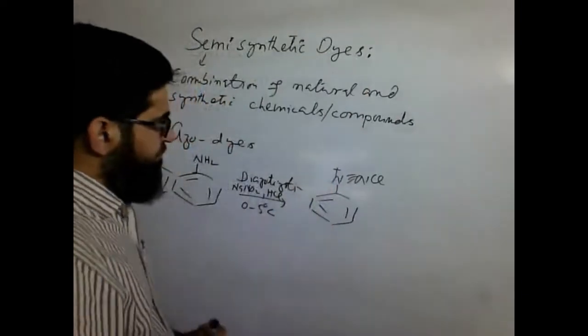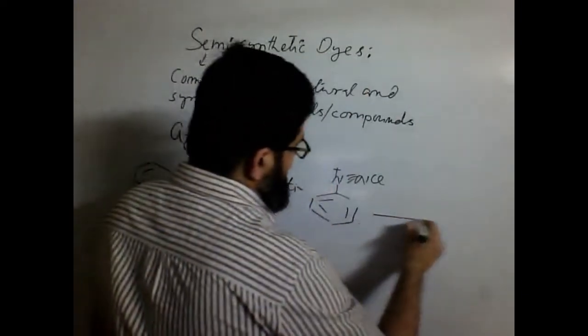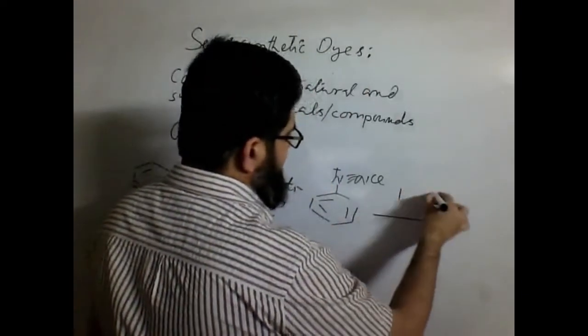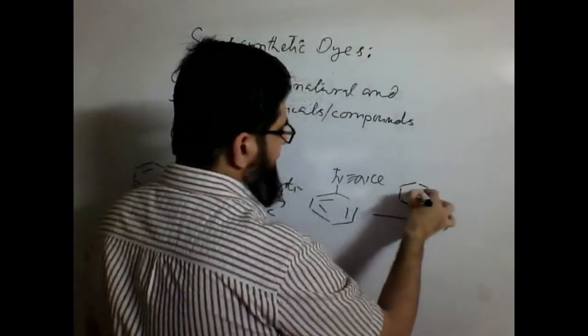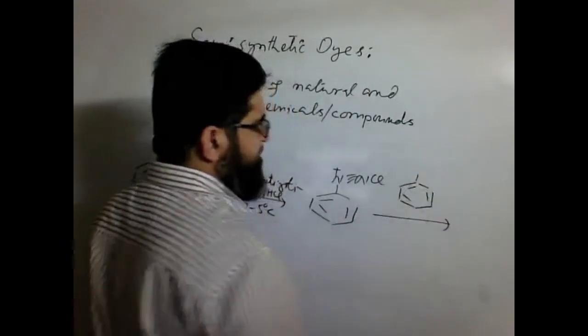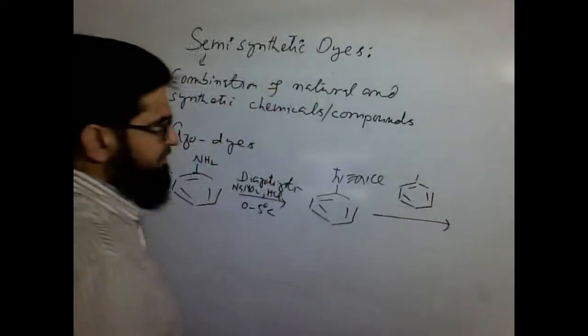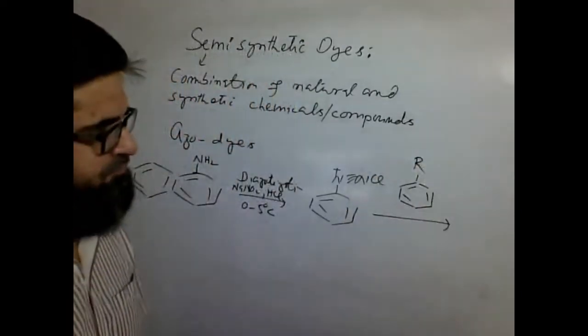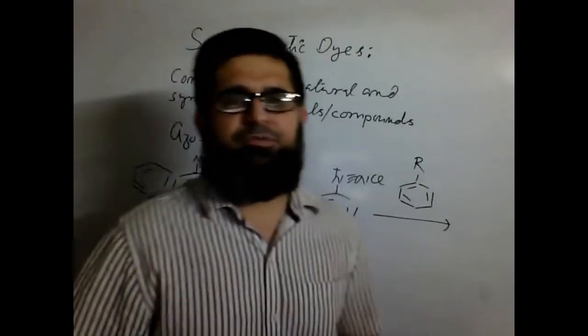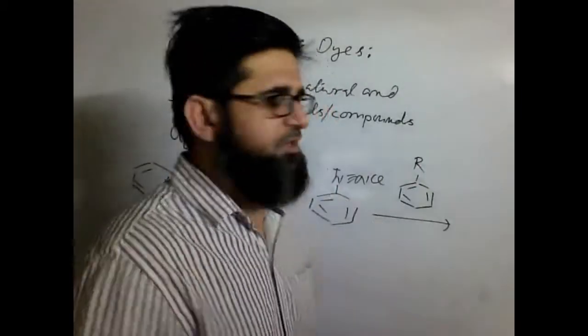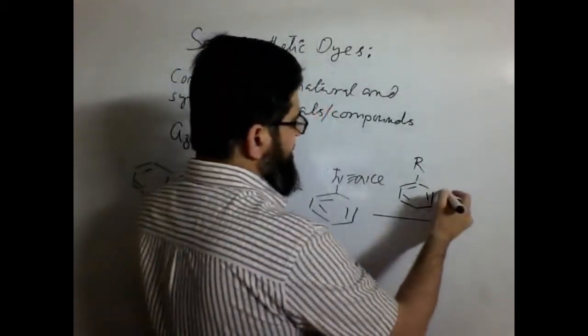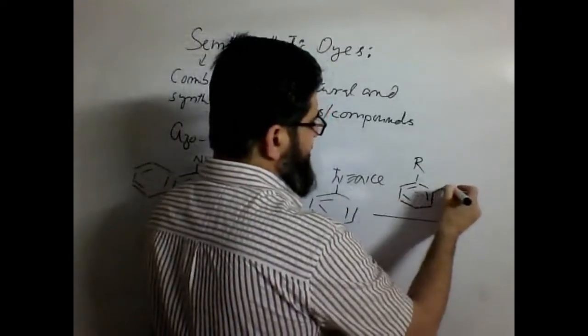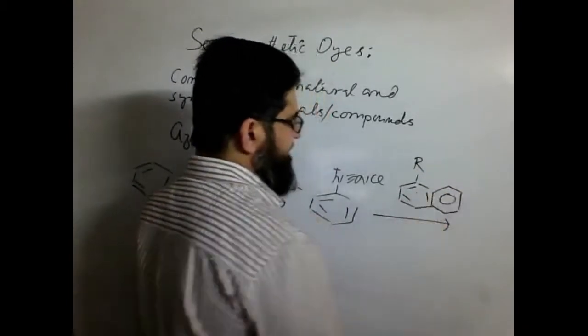So once you go for diazotization, then you bring in some sort of a coupler that should carry a benzene ring as well, some sort of a compound having any sort of substituents. Those could be electron donating or withdrawing. Similarly, this could be somebody having one benzene ring or two benzene rings.